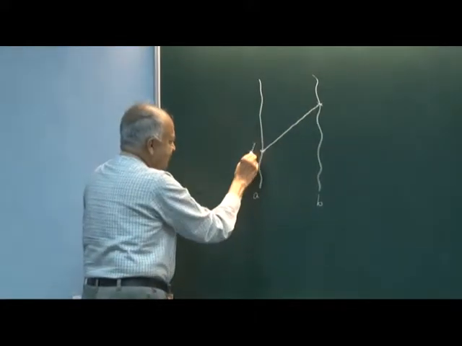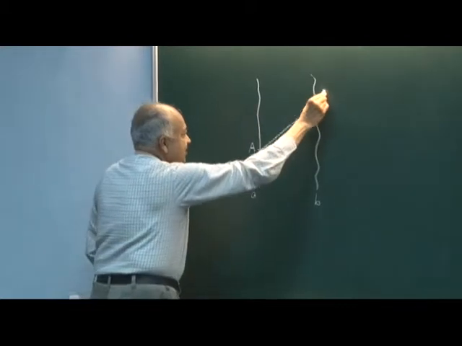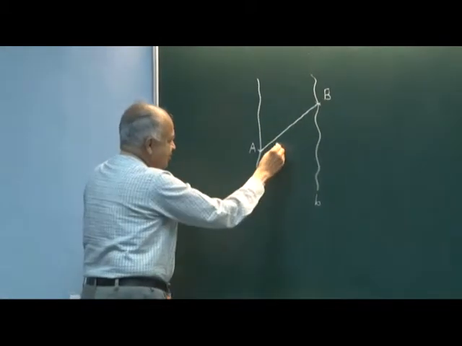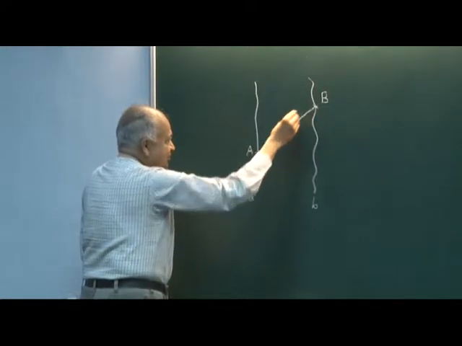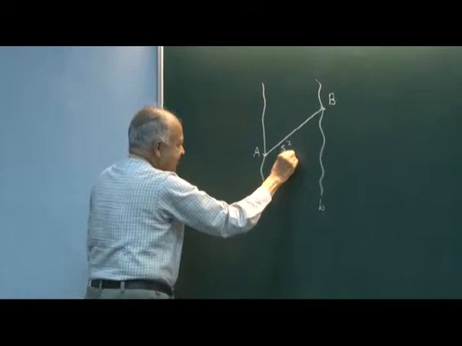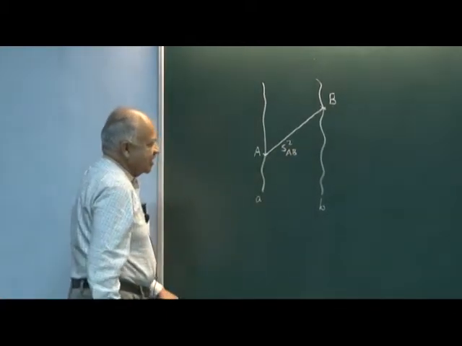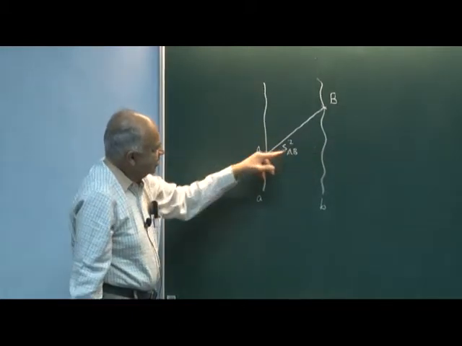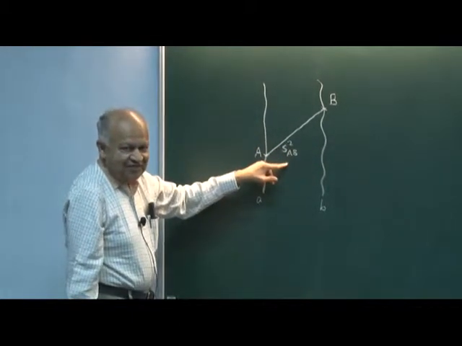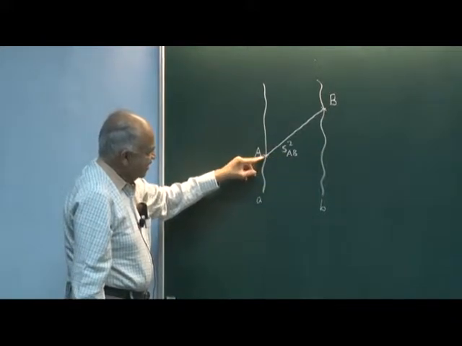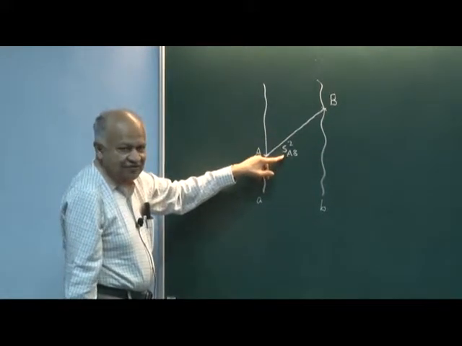So, if you call it A and B, then you can define the square of distance S square AB, and in fact in general for any 2 points you can define an S square AB, and only for null rays will this be 0.